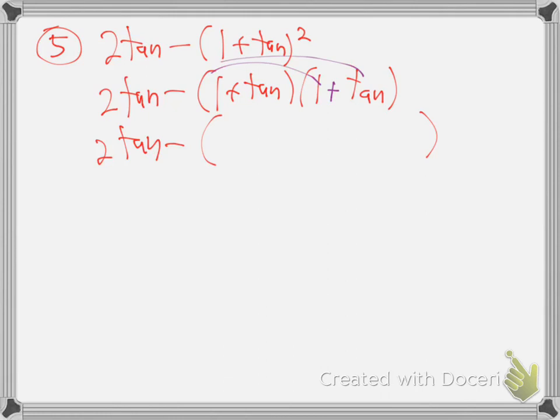So FOIL this here: 1 plus tangent plus tangent plus tangent squared.